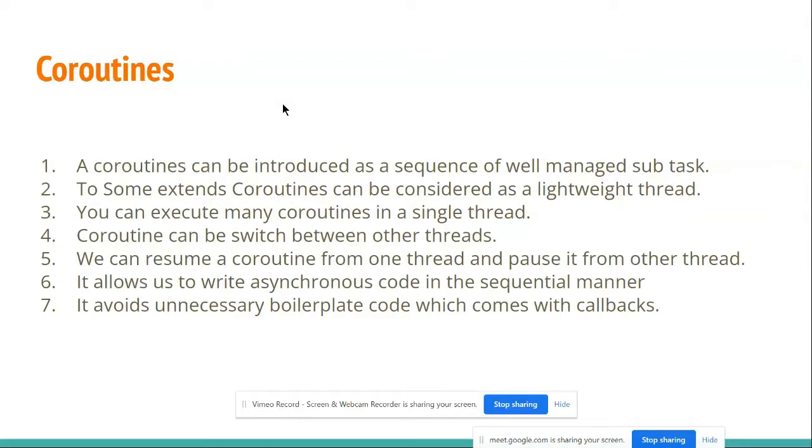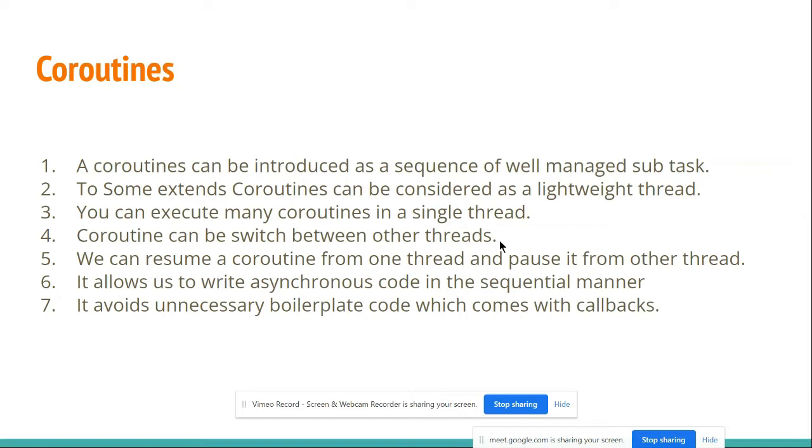We can execute many coroutines in a single thread. A coroutine can also be switched between other threads. Why this? Suppose we are using a mobile application and we have to perform a network request, and after that we have to update the UI.